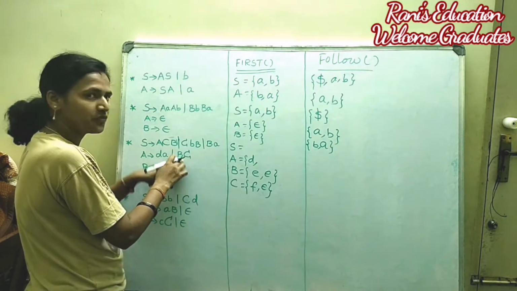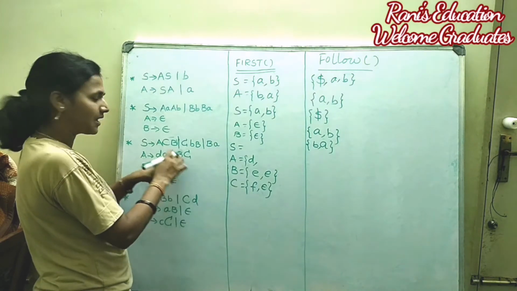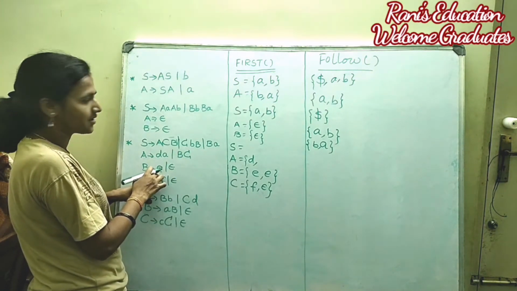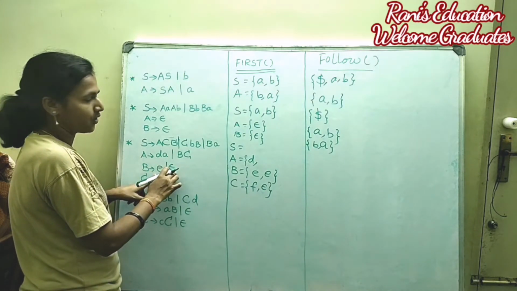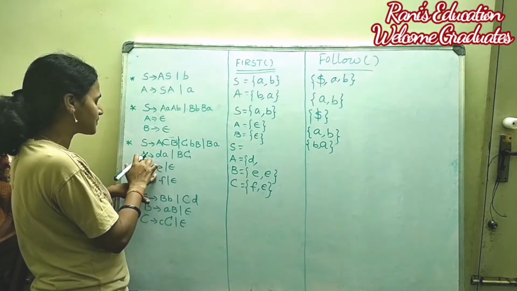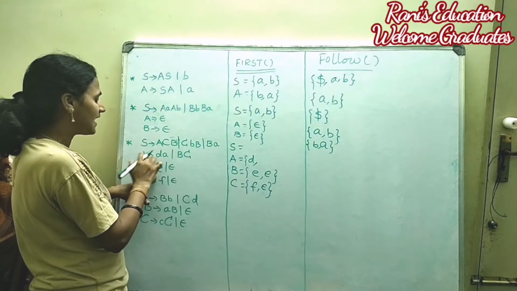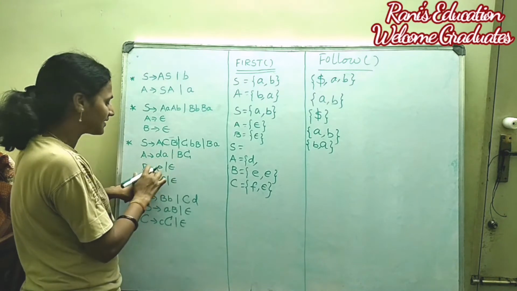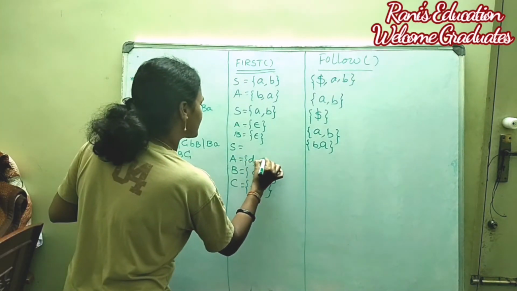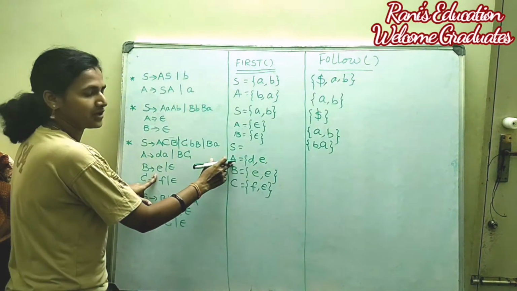So what we have to do? We have to replace this non-terminal by its corresponding productions. What are the productions for this B? e and epsilon. If I replace B by e, then the production becomes A → e C. So here the RHS starts with a terminal, that is e. So I am going to consider e as one of the terminals for first of A.